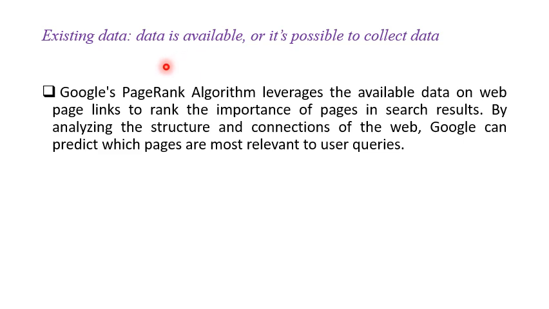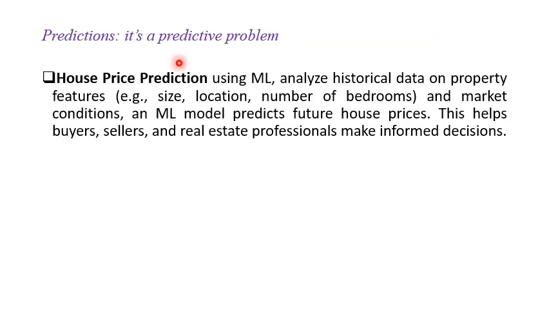Also, when we use machine learning for a problem, the problem should be framed as a classification problem, regression problem, clustering problem, or a Markovian problem. This is also important. The problem that we want to solve with machine learning should have a predictive nature. This is very important.